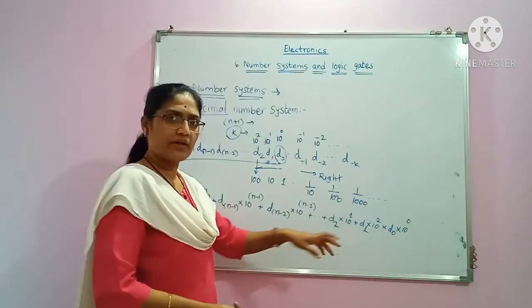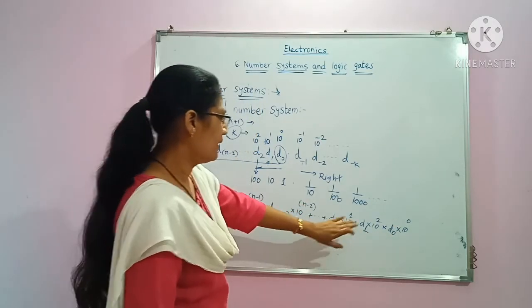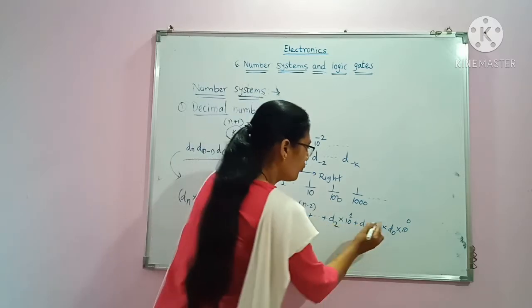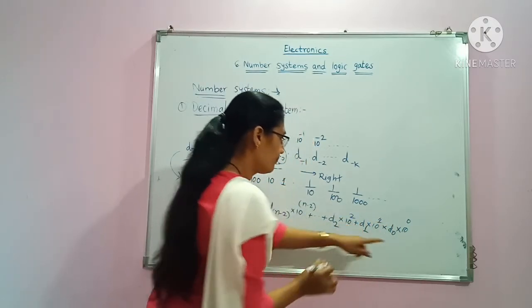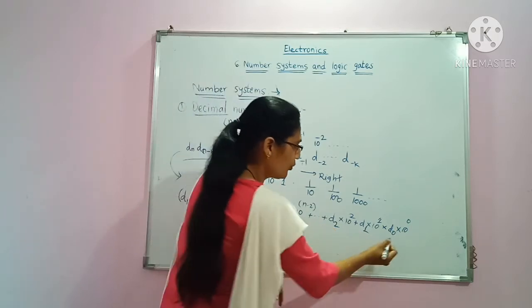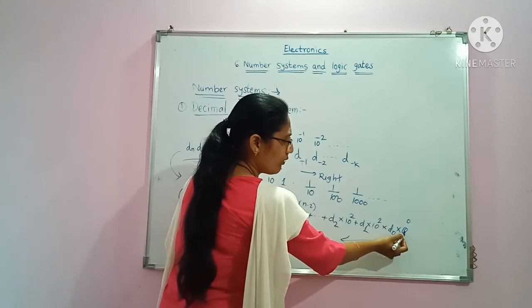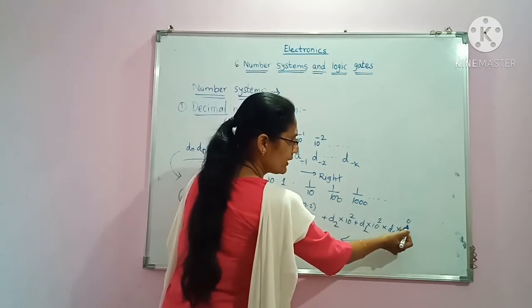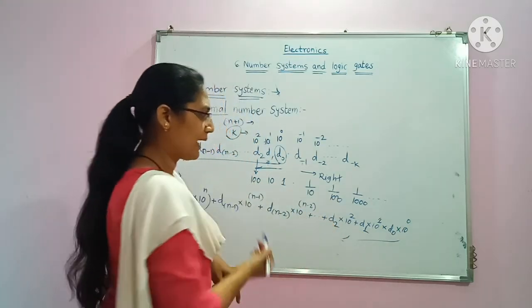Let's check if there is any mistake. 10 raised to 0, then 10 raised to 1, 10 raised to 2. It means that as we move towards the left, the power of 10 should increase, such as 10 raised to 0, 1, 2, 3, 4, like that.